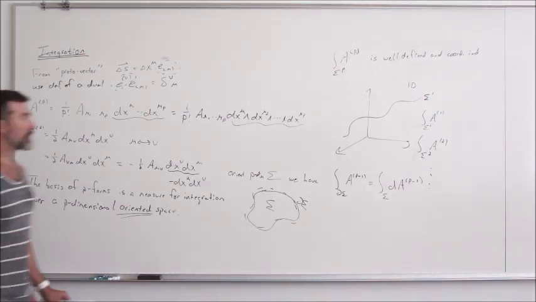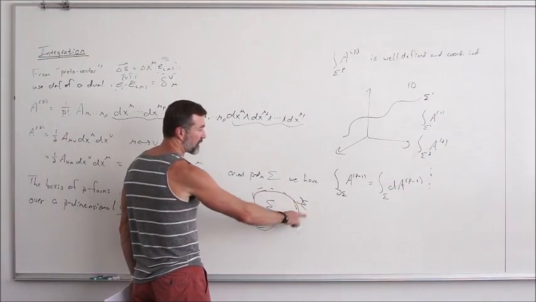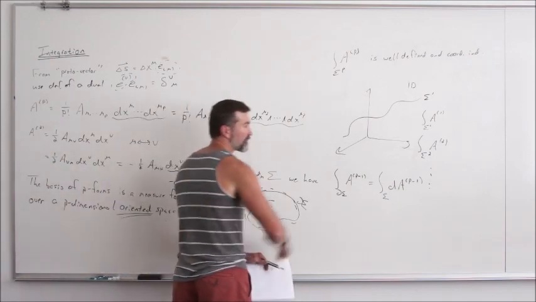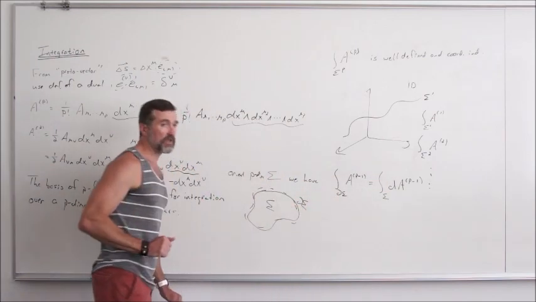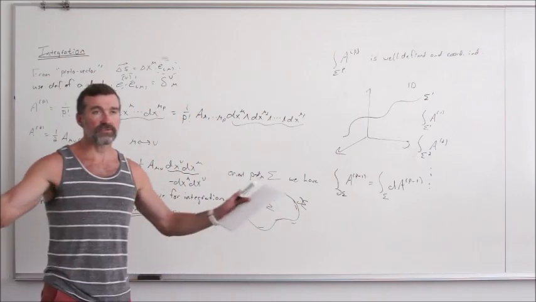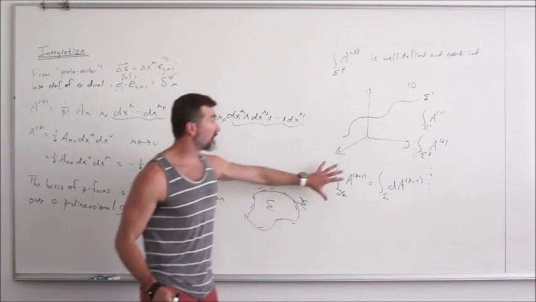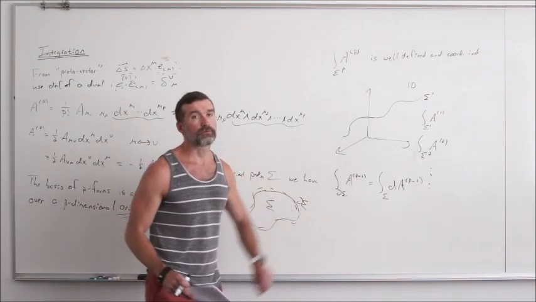Okay. So it allows us to relate the integral of something over the boundary of a space to the integral of the derivative of something over the entire space, where this is obviously generalizable to any number of dimensions. Okay. And this is a coordinate invariant result.